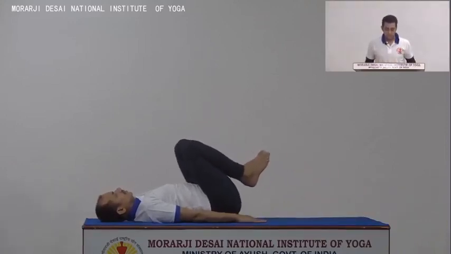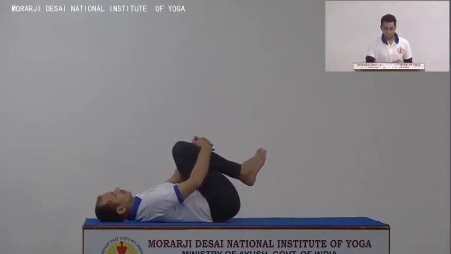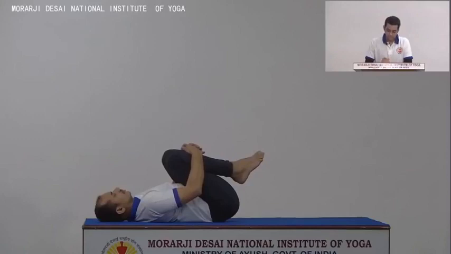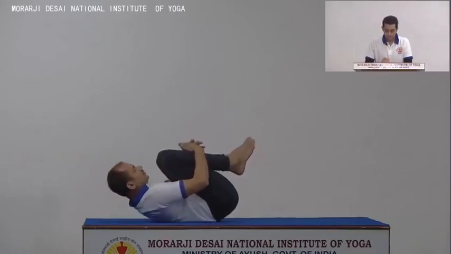Very good. Inhale, interlock your fingers and clasp the legs just below the knees. Hold the shin region properly, toes pointing outward. Now exhale completely. Raise the head till the chin is close to the knees or touches them.